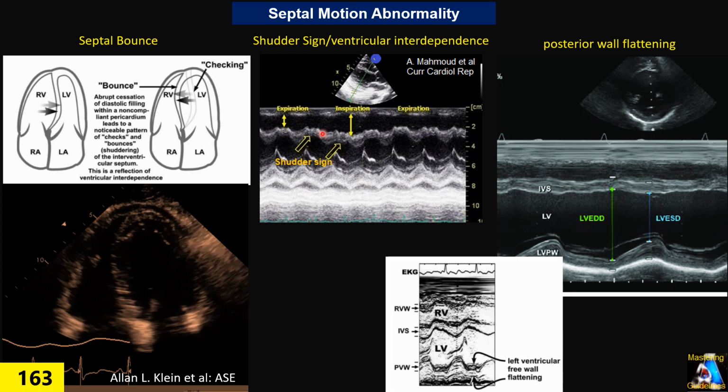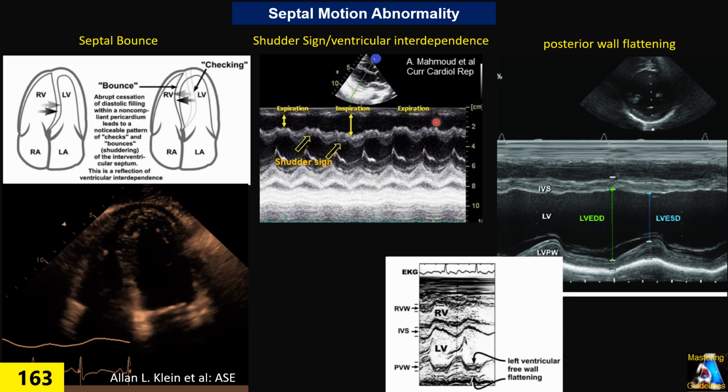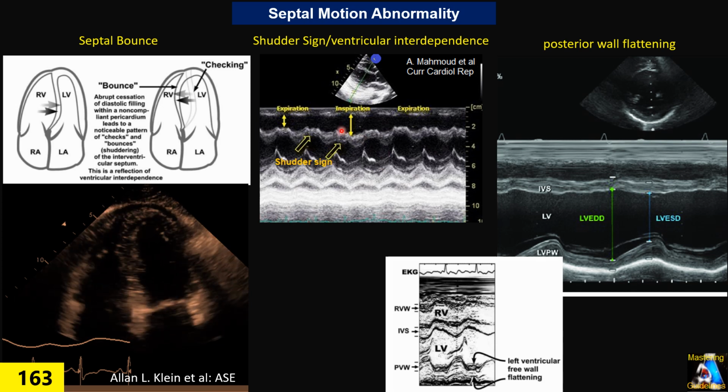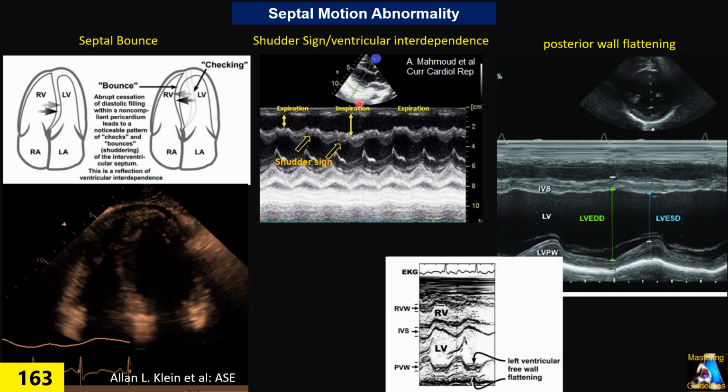In constrictive pericarditis or cardiac tamponade, during inspiration, the blood flow in the right side increases, so the right ventricular diameter increases and the septum moves toward the left ventricle.